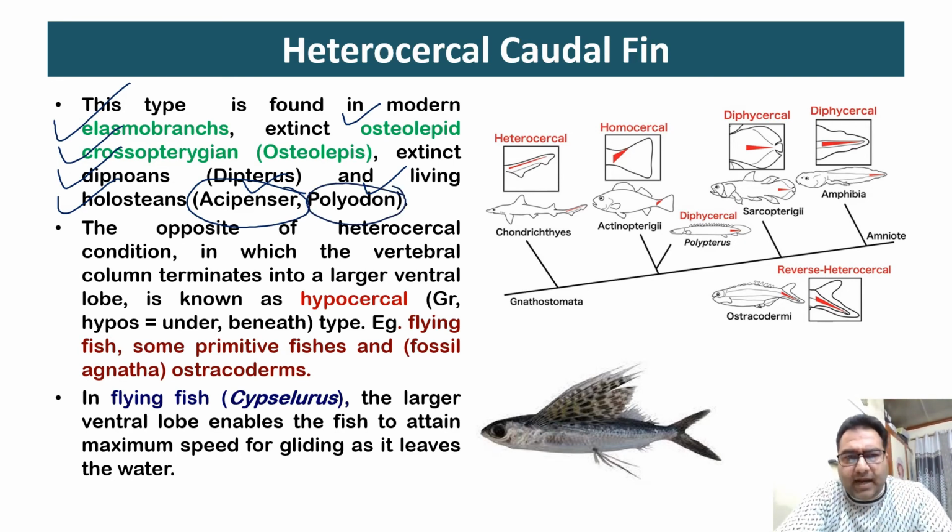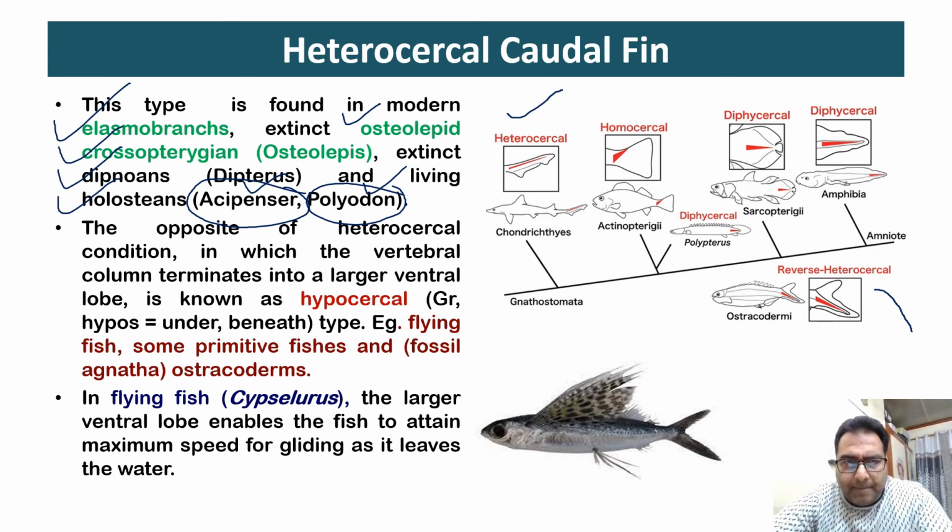The opposite of the heterocercal tail, now herein another condition is reverse to the heterocercal. In the heterocercal case the vertebral column moves upward, but in the opposite case the vertebral column is moving downward, in which the vertebral column terminates into the larger ventral lobe. So what happens in this very case?